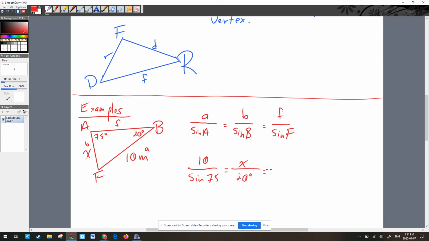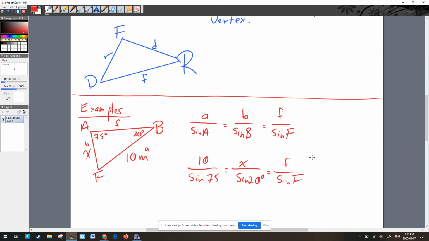Oh, careful! It is not just 20 degrees, it's the sine of 20 degrees. Okay, so the sine of 20 degrees equals. Well, there's nothing for f, so I'm just going to leave it as f. And there's nothing for uppercase F either, so it's just the sine of uppercase F.